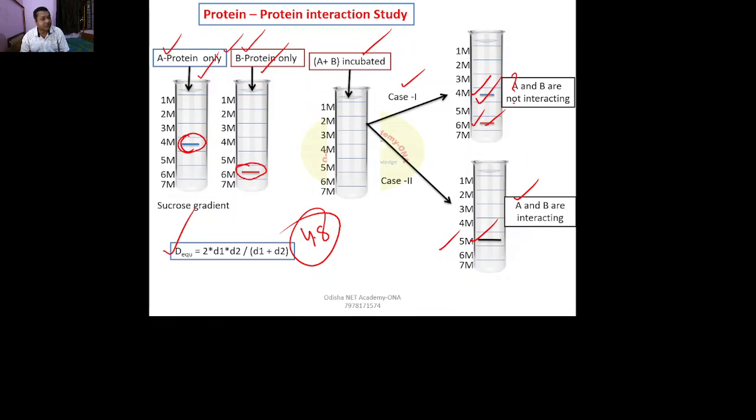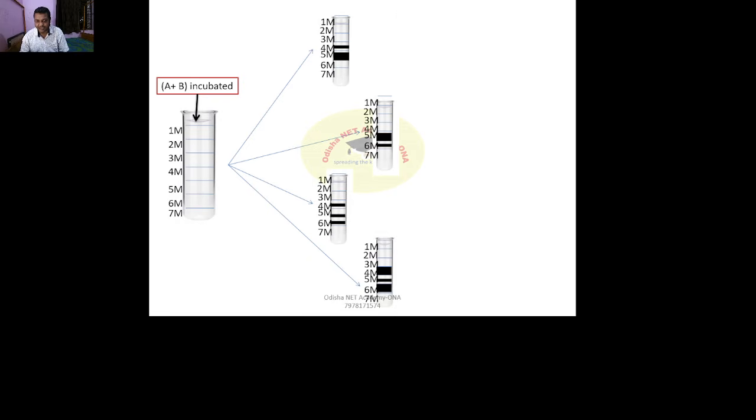In addition to that, you should have some idea about some extra practical cases like this. Suppose you have added the same A protein and B protein and incubated. In one case you are getting a thick band at the interacting position. In the previous slide I already told you the interacting position is 5.